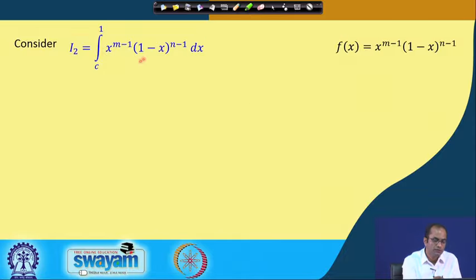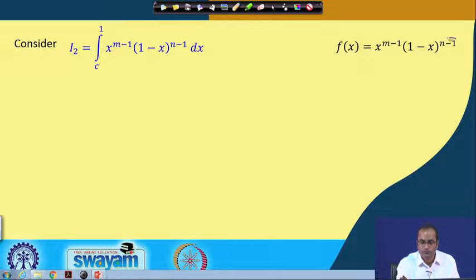Now remember, the behavior is governed by 1 minus x as x approaches 1, because n minus 1 is negative, and this part of the function is making this integral divergent, unbounded. So, this is 1 minus x power n minus 1 when x is approaching 1.